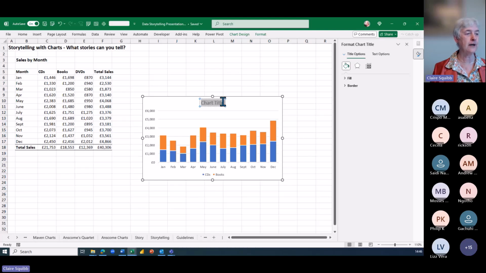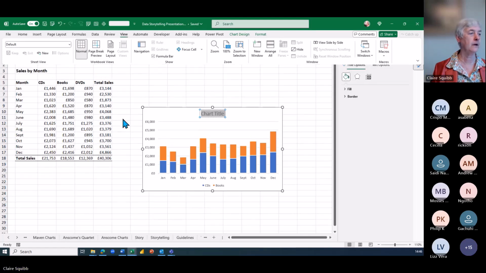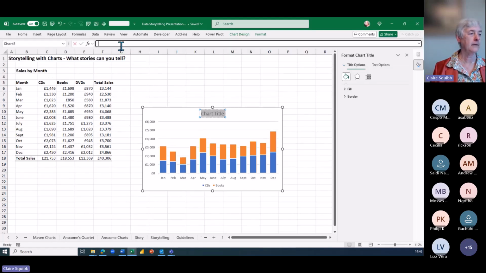Now, in order to do that, you can't just type the formula here, you must enter it in the formula bar. So just for now, I'm going to turn my formula bar back on, and I'm going to say equals this cell here. And you'll see that you've got a cell reference, Charts exclamation mark B3. Even though it's on the same sheet, you have to have that absolute sheet reference as well as the cell reference.